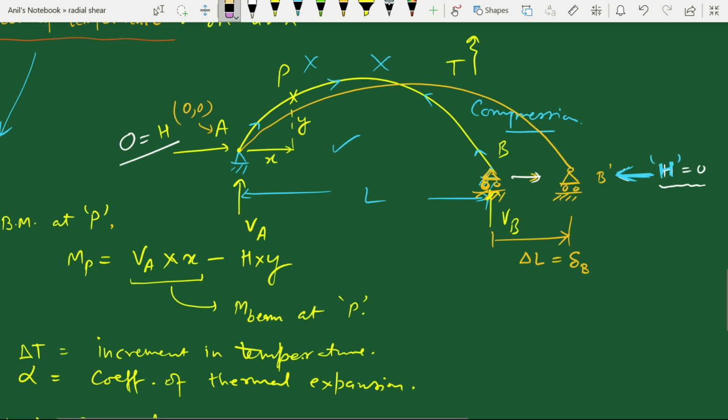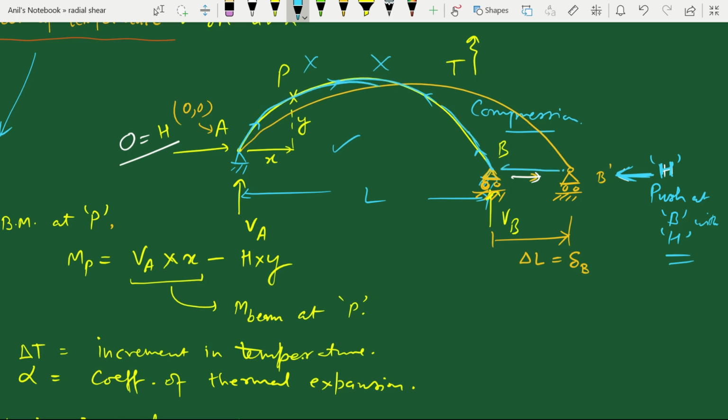so that this arch comes back to its original position. We push at B with a force H, so that the arch comes back to its original state.